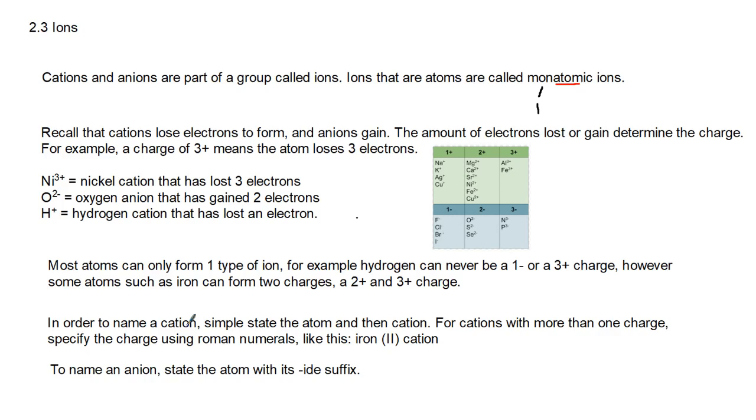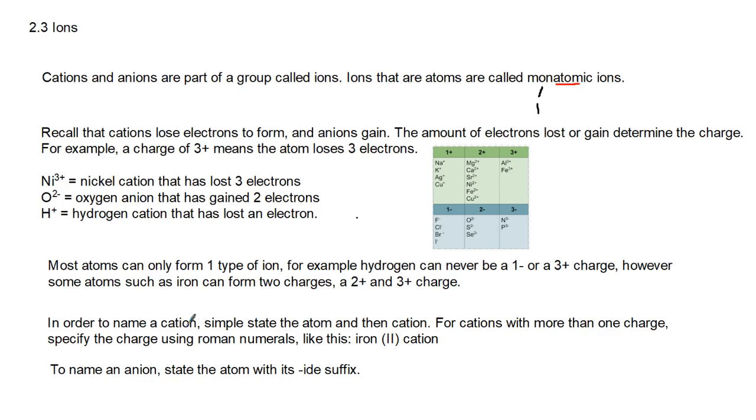In order to name the cation, you just state the atom and then cation. So iron cation, sodium cation, magnesium cation, or iron 2 cation, iron 3 cation, depending on the charge. And in order to name the anion, just put "ide."